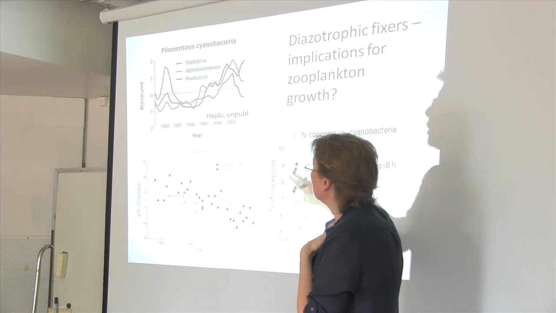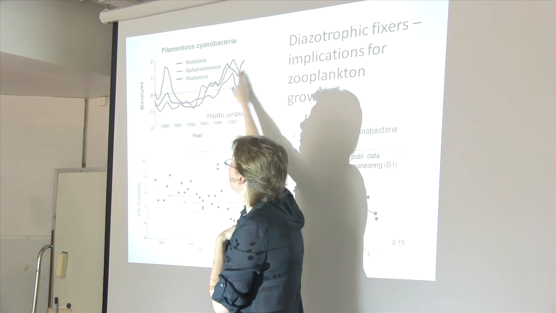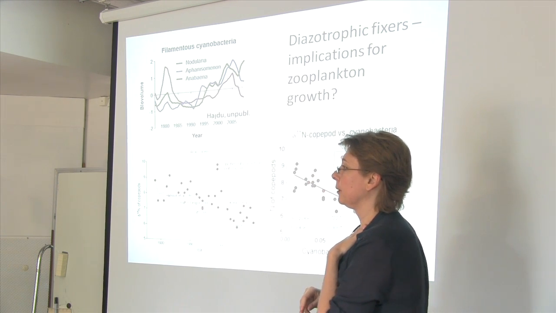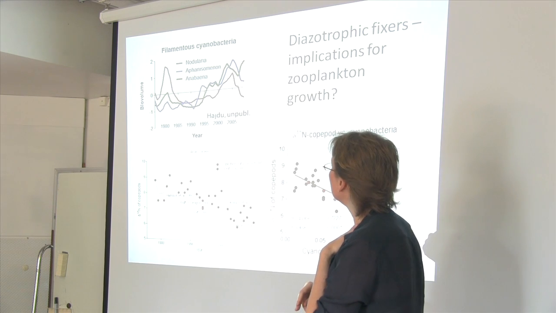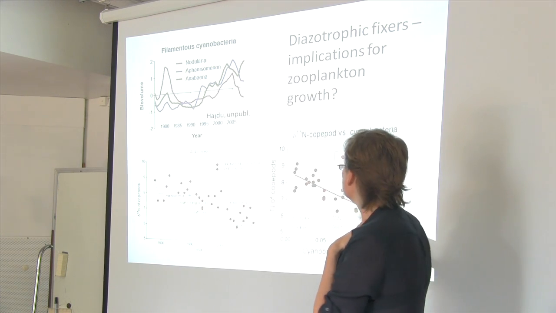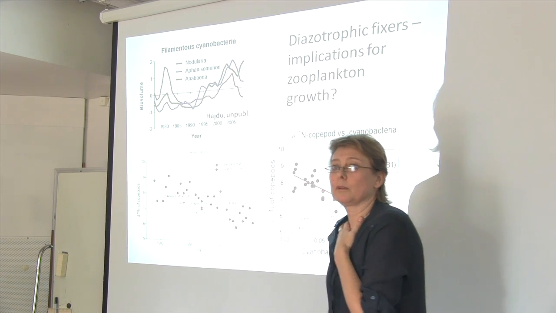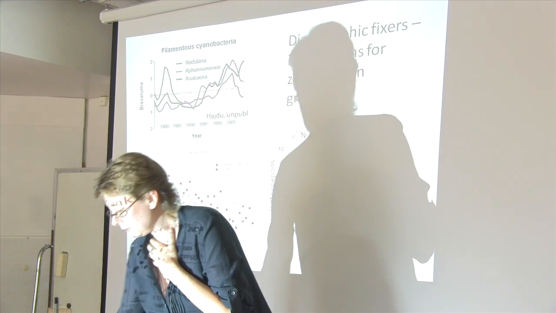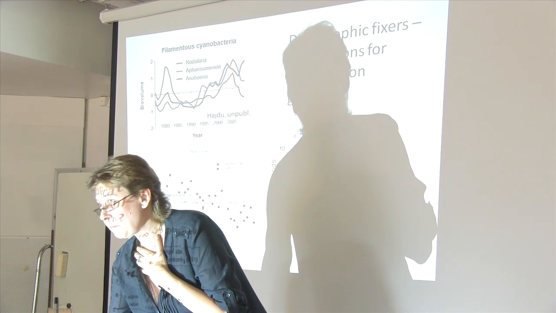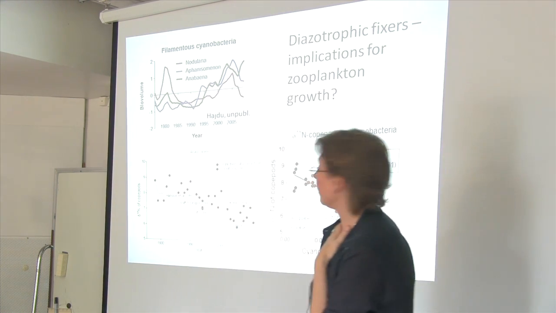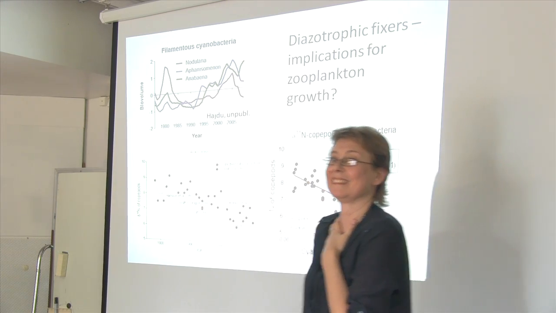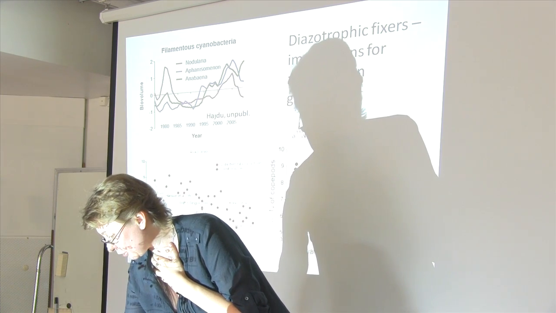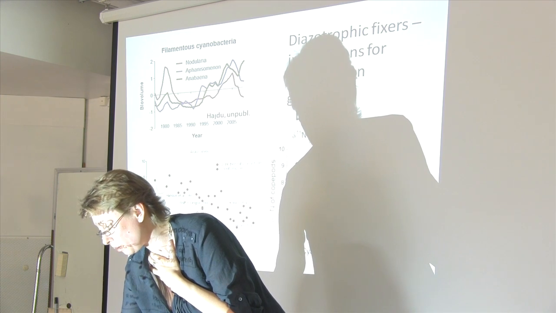And of course, the correlation between the increase in cyanobacteria and decrease in nitrogen-15 in copepods is pretty decent for bioecological standards, with an R squared of 0.7, and actually no indication of non-linearity. So what we have is that nitrogen-fixing cyanobacteria support zooplankton growth.